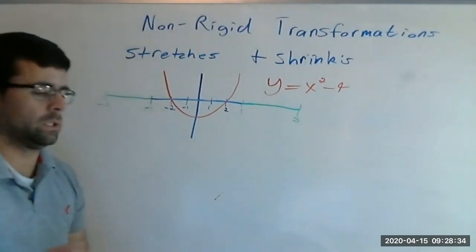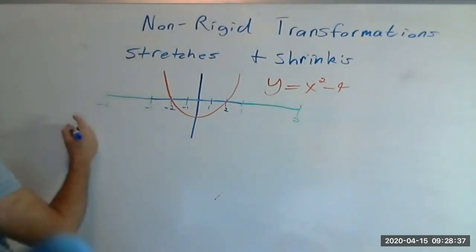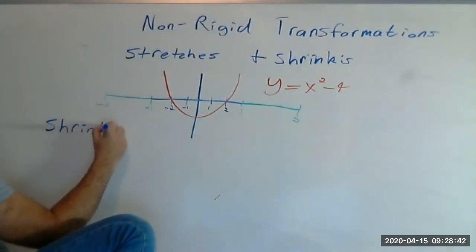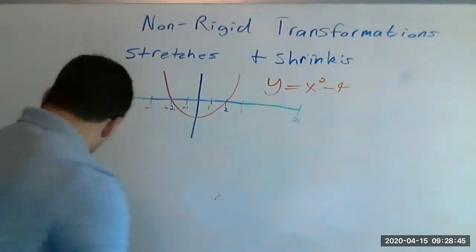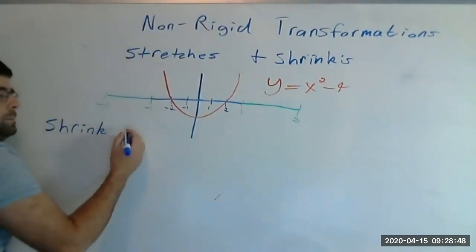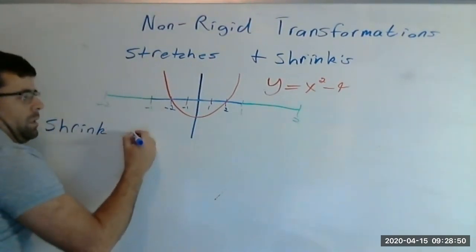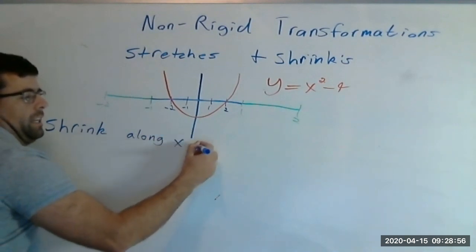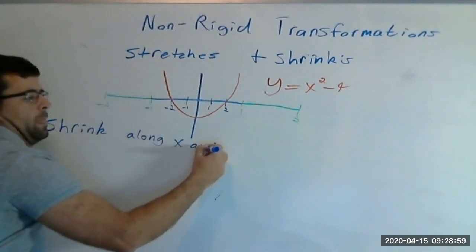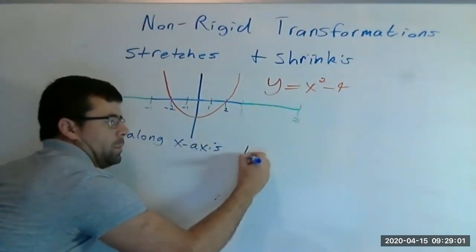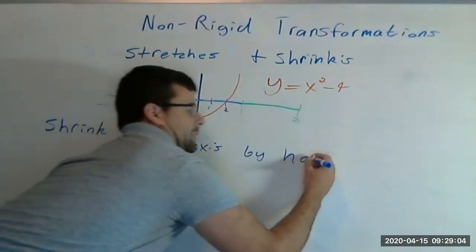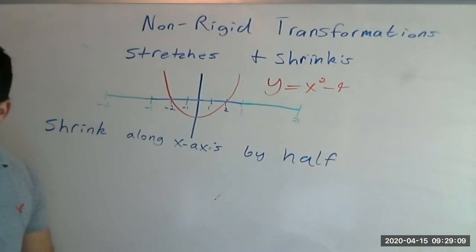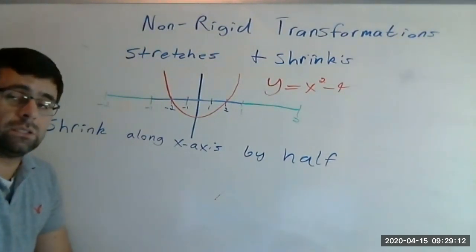So if we want to shrink along the x-axis by half, this is kind of saying we want to make it half as wide.